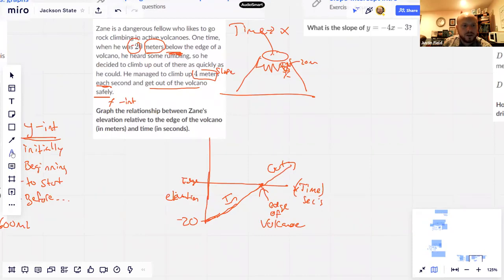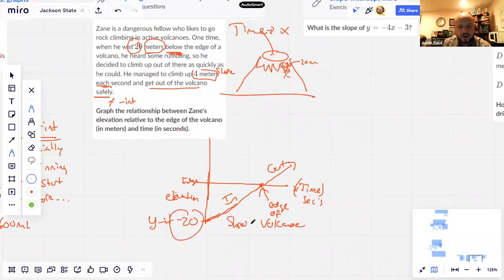All right, so since we do know our y-intercept right here, and we do know our slope is 4, right? We can actually write the slope-intercept form of this equation. Now, slope-intercept form is y equals mx plus b. And m is the slope.